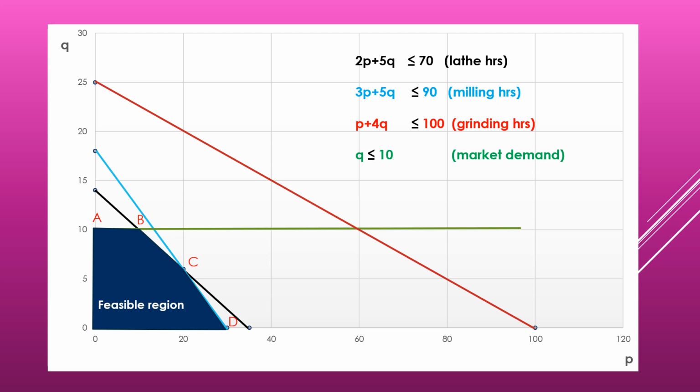These four points are also known as the corner points. The next step is, through these corner points, we have to identify the highest profit and which product we should produce.